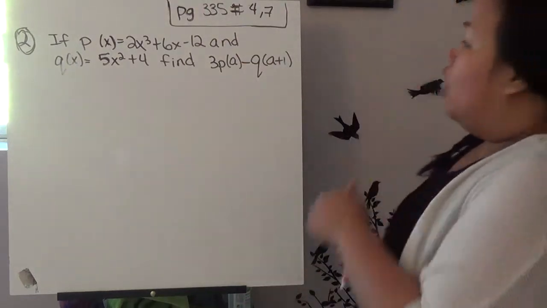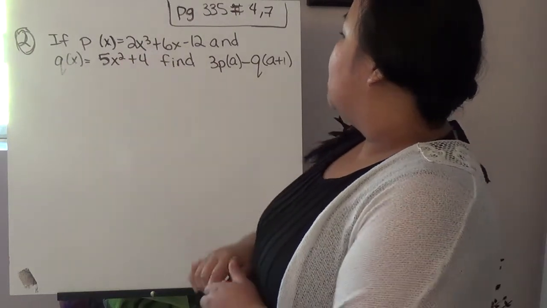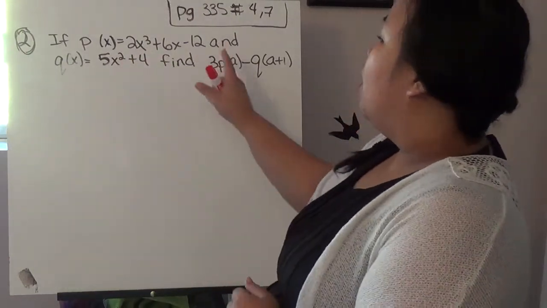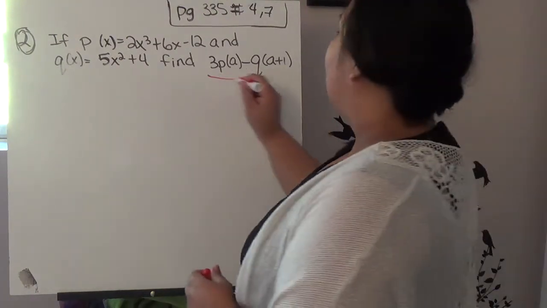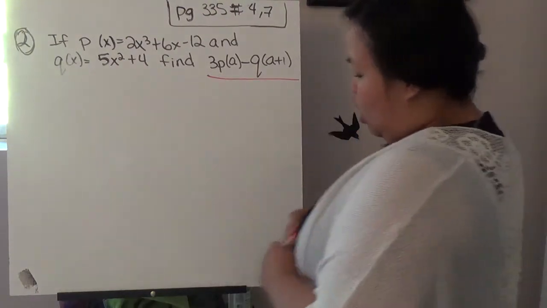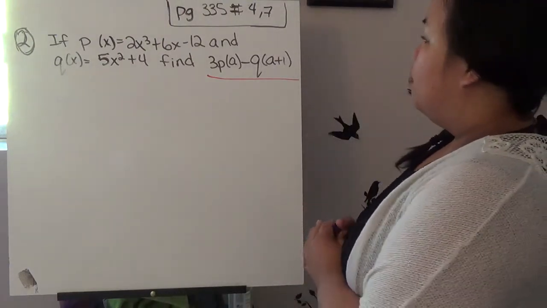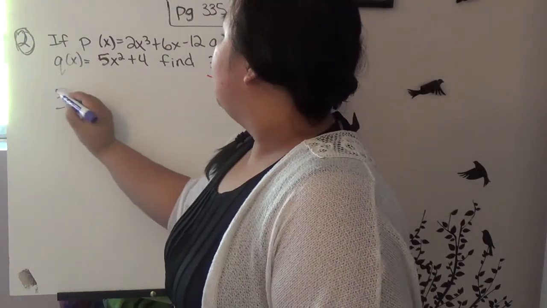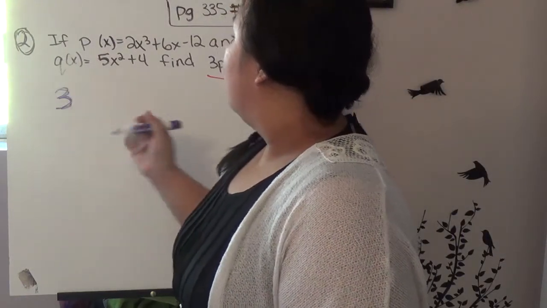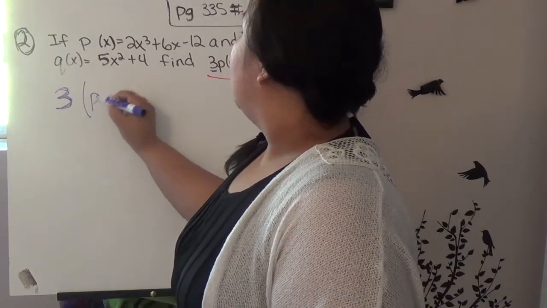So what we're going to do here is, it's telling us that p of x is 2x cubed plus 6x minus 12, and q of x is 5x squared plus 4, and it wants us to find this. It's kind of like a code that we're going to need to figure out. So basically it's telling me that I'm going to multiply 3, right here, with the equation p of a.